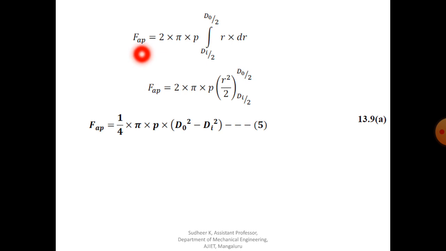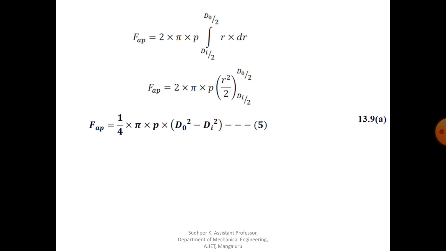The axial force with respect to uniform pressure theory, after integrating, will be 2 pi p, integrating from di by 2 to do by 2, r dr. After integrating this expression and substituting the limits, you get the final expression F_AP equal to 1 by 4 pi p into do square minus di square.